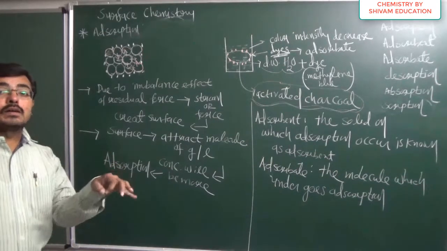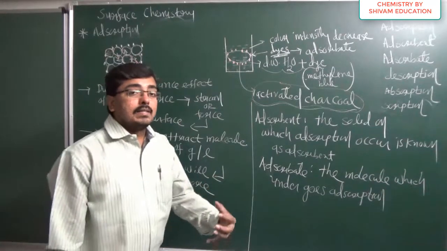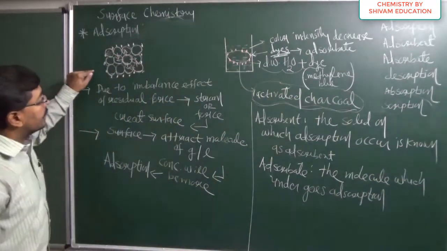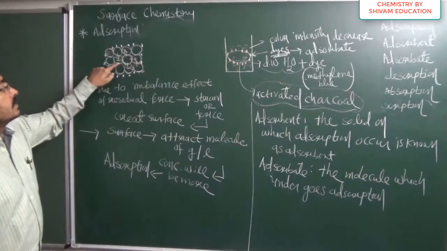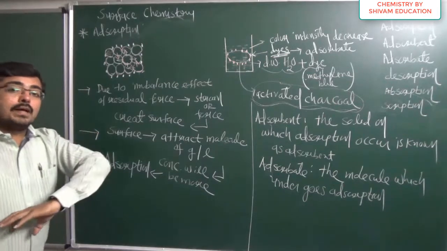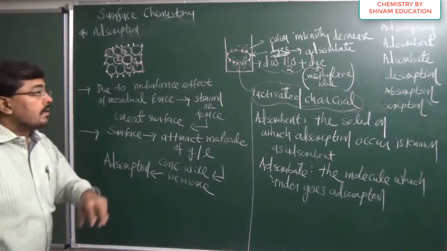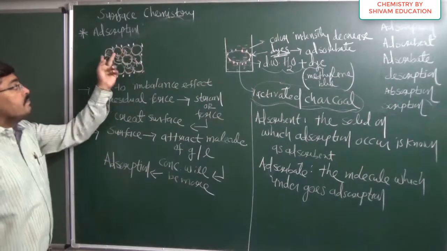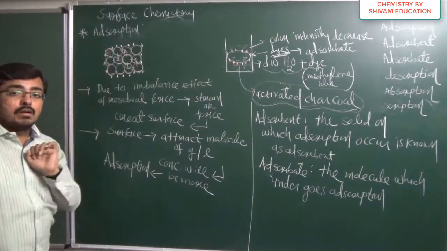So why does this occur? We have discussed that there is a specific mechanism of adsorption. The molecule present inside the bulk is surrounded by the same type of other molecules. Therefore, their field is balanced. But the molecules present on the surface have an imbalance of residual forces.